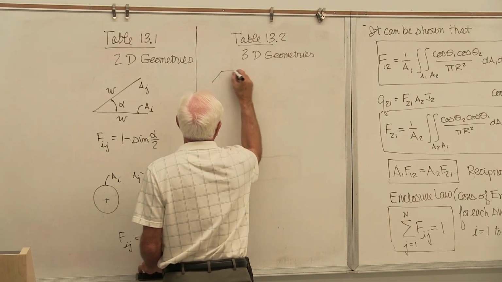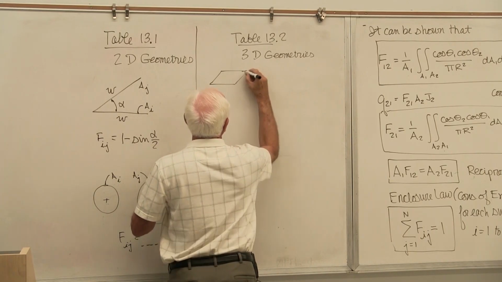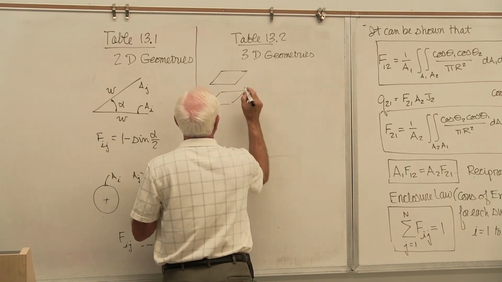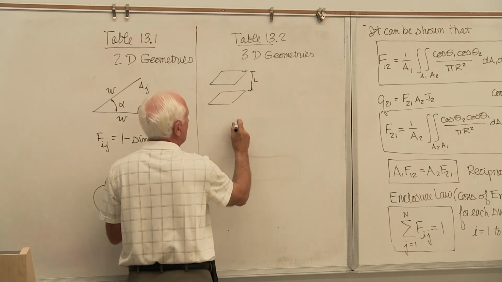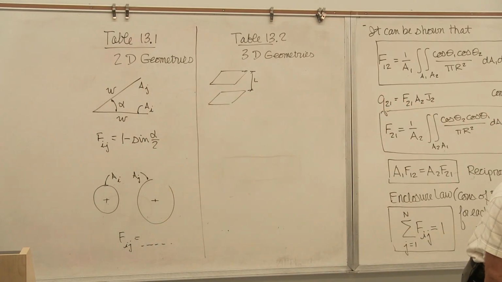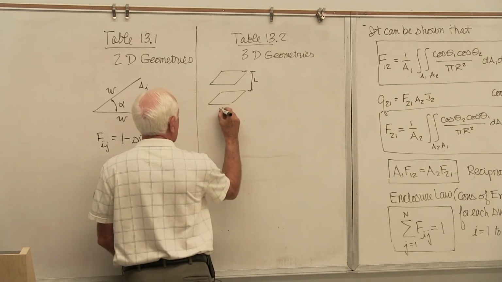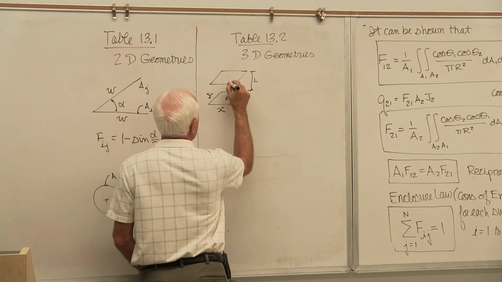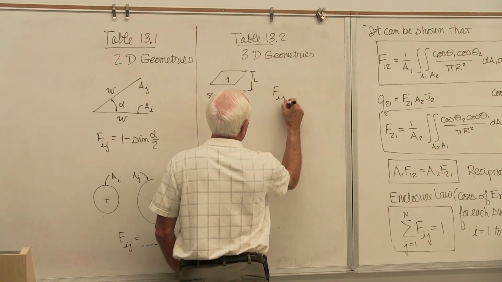First one, rectangles, one above the other, separated by a distance L. He gives us dimensions on those rectangles, X, Y, and L. This is I, this is J, and he gives us Fij.